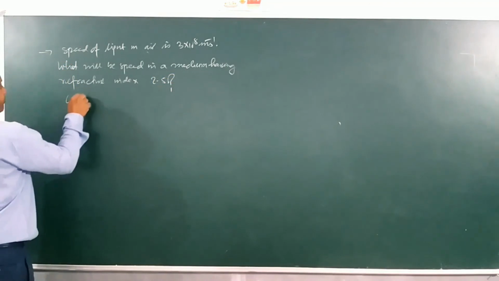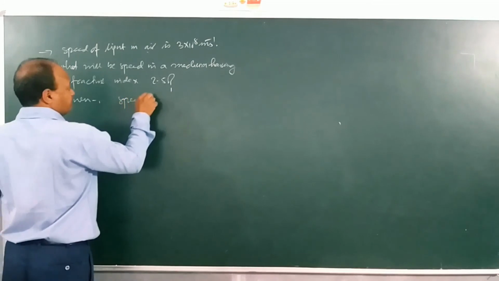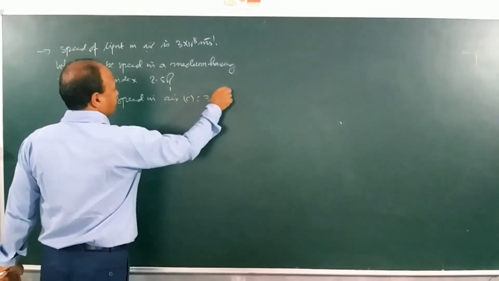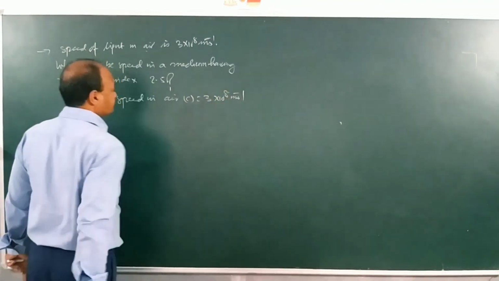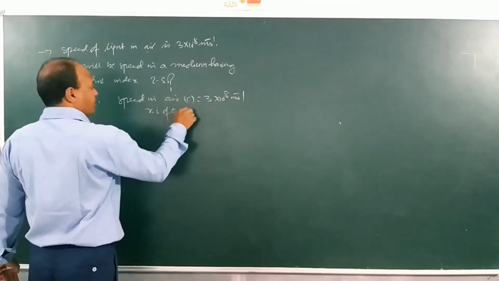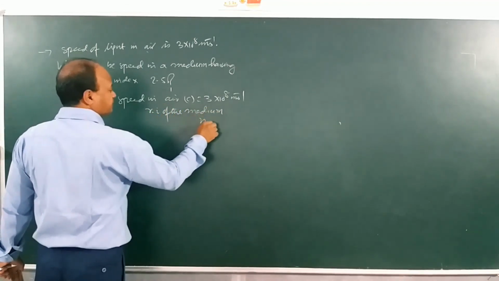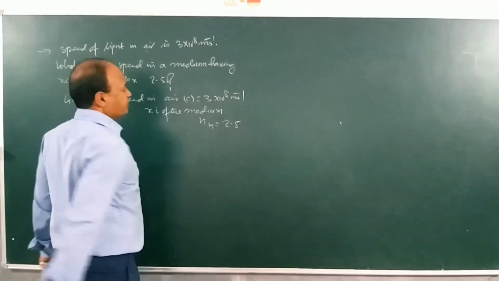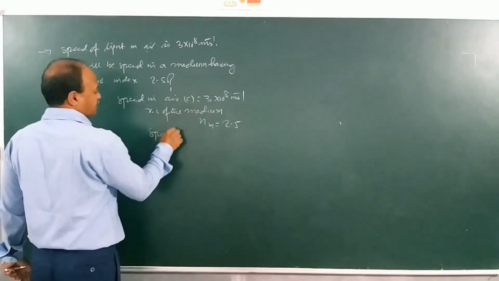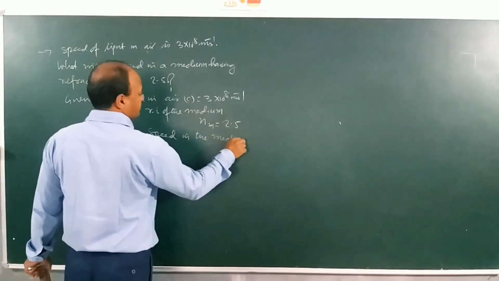Given: speed of light in air, c, is 10 to the power 8 meter per second. Refractive index of the medium, Nm, equals 2.5. And what we need to calculate? Speed in the medium, V.